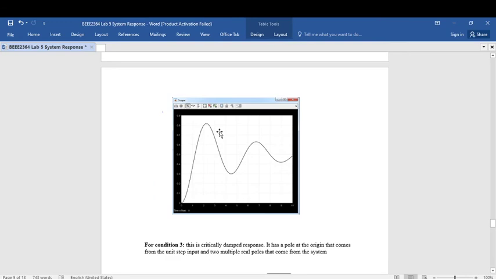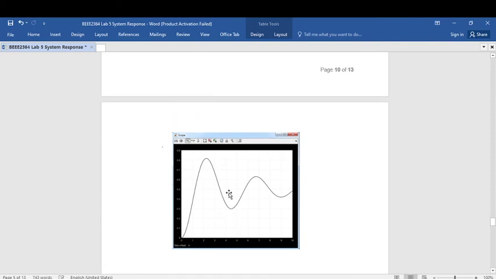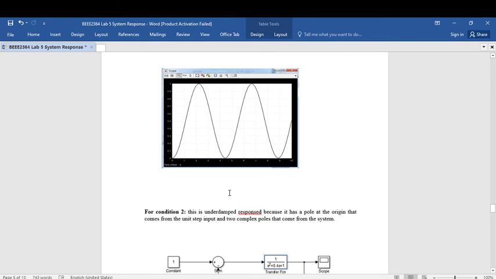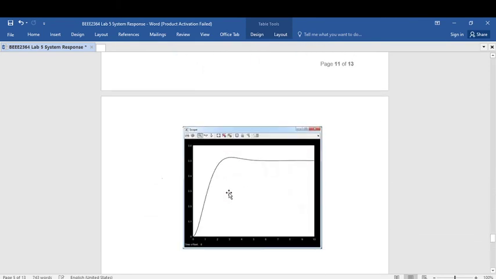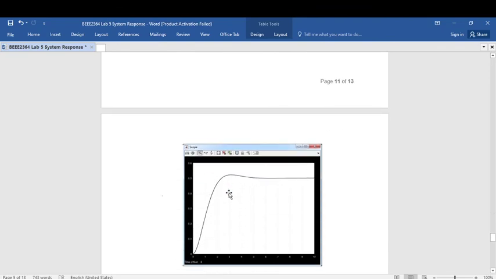For the underdamped, the damping ratio is always less than 1. Then we have critically damped, which is always equal to 1.